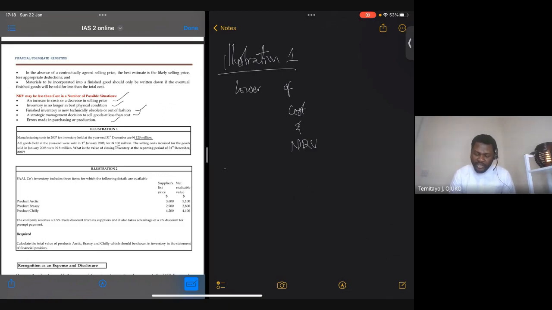Now, what is the cost of the inventory from this question? The cost of the inventory from this question is 120 million.